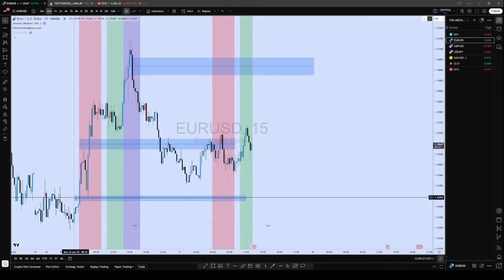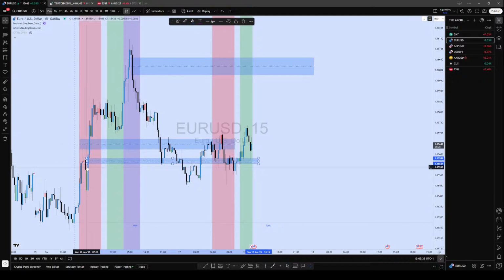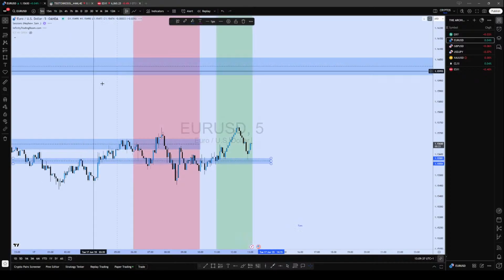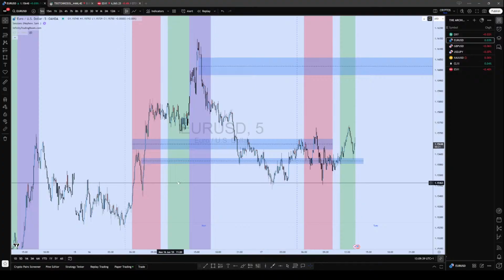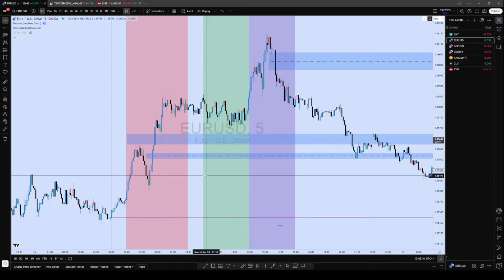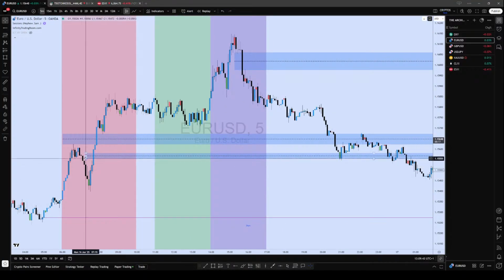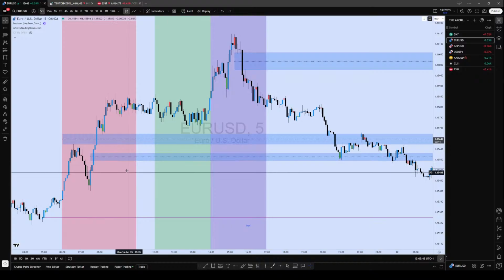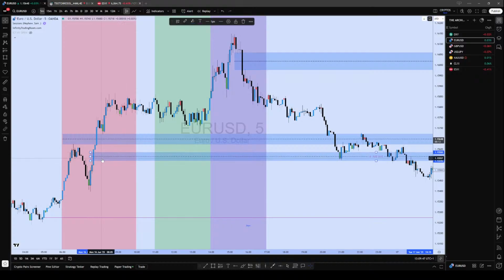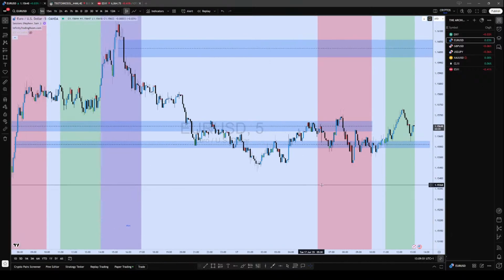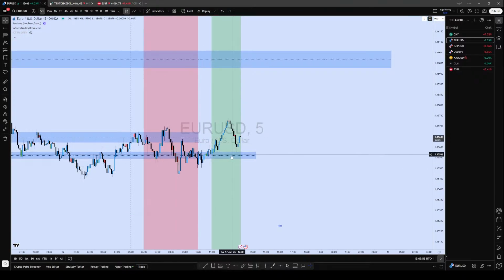Initially I wanted them to come here, but it seems this auto block that was created in London held it, and within that there might have been an imbalance. Let's see. Yeah, so there was an imbalance over here that price reacted off from, and you can see they are reacting off from it now.